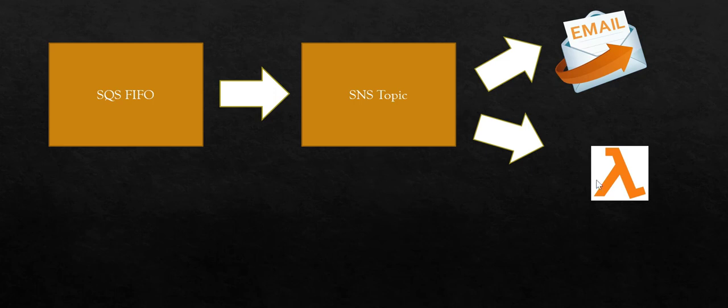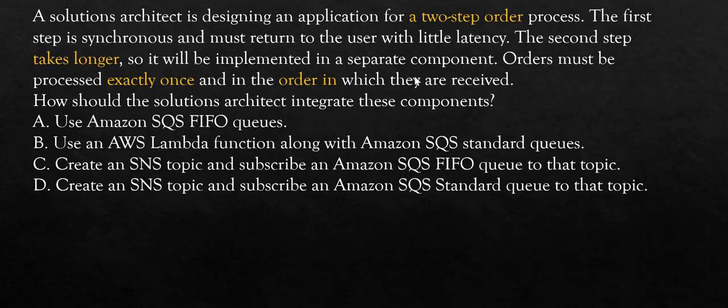This is what it can do. But our question doesn't ask for this portion. The question is just saying that it should be processed exactly once and in the right order. It doesn't ask for any email bursting, Lambda function invocation, or any other process after that.